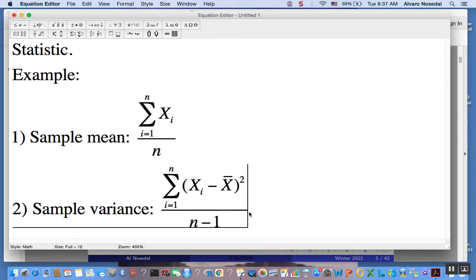That's how we defined the sample variance. But again, remember, a statistic is a function of observable or observed random variables. So it's a function of the xi's. This is also a function of the xi's.